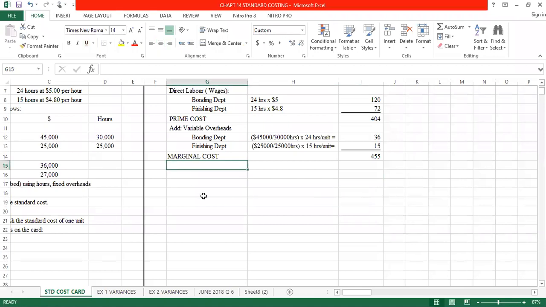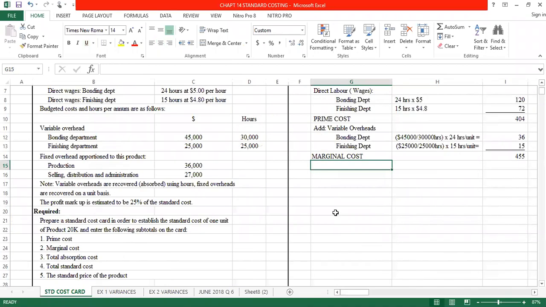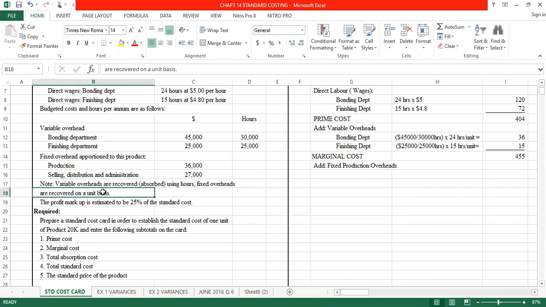To the 455, we add fixed production overheads. Now take note of this. What were we told about fixed production overheads? They are apportioned to this product. Per year, it is 36,000, but you are being told fixed overheads are recovered on a unit basis.